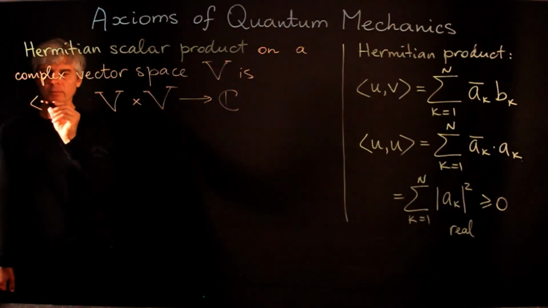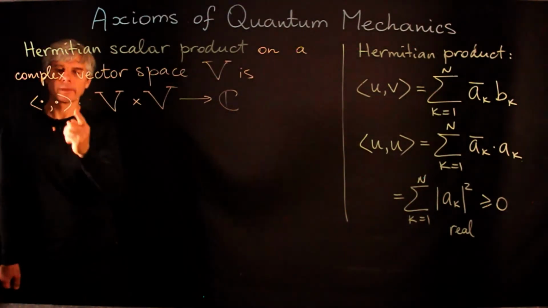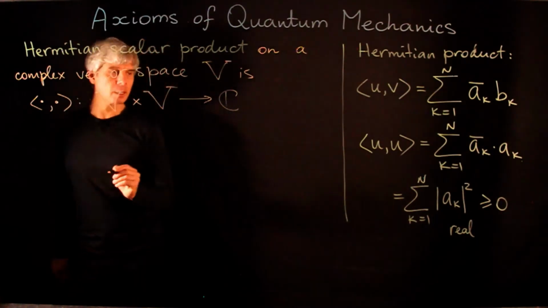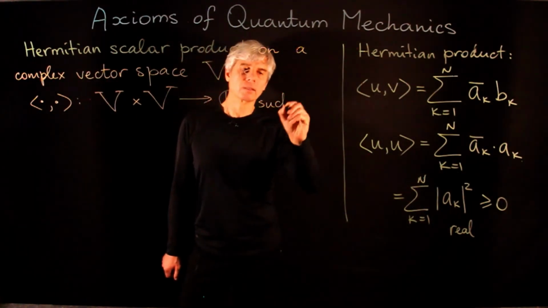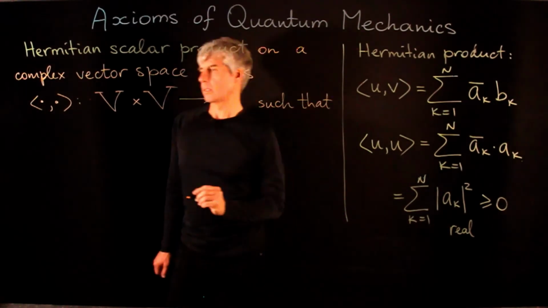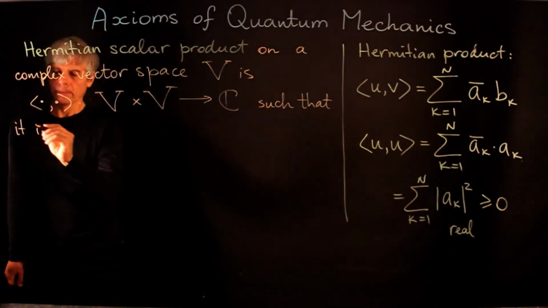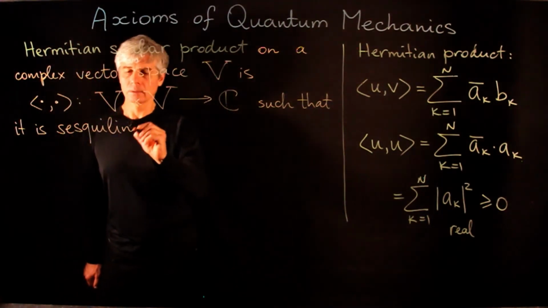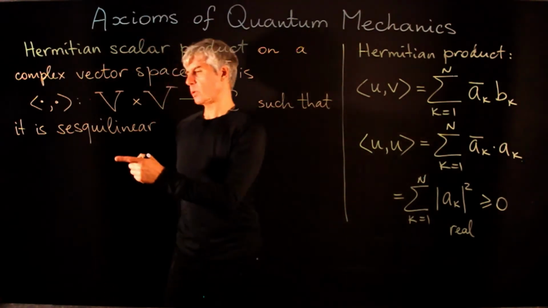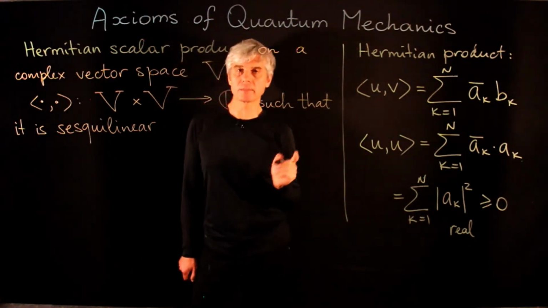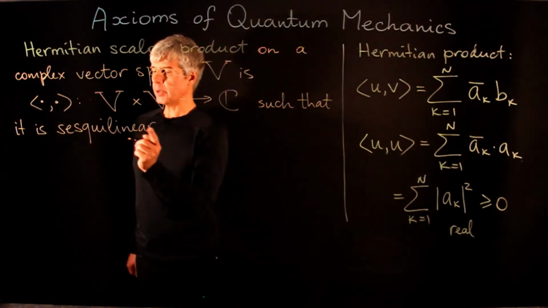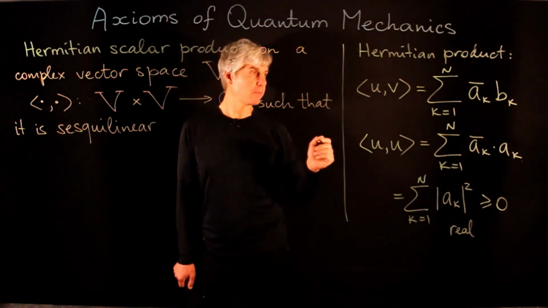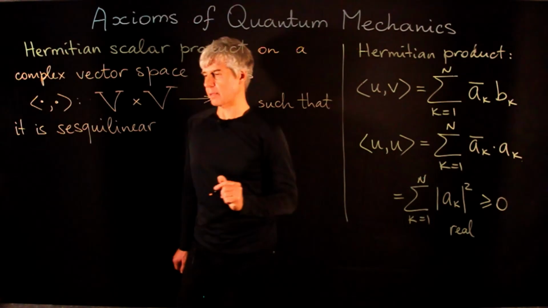And we will denote this Hermitian scalar product using these angular bracket notations, such that it is sesquilinear. So the standard dot product is bilinear, and sesquilinear means 1.5 linear. So this means that it's no longer exactly bilinear.